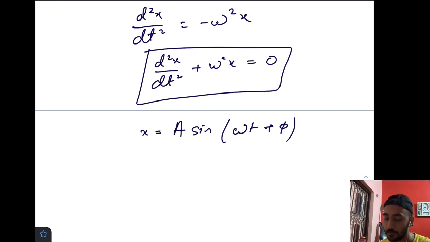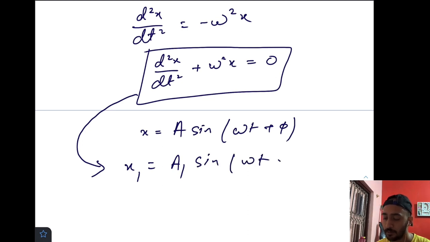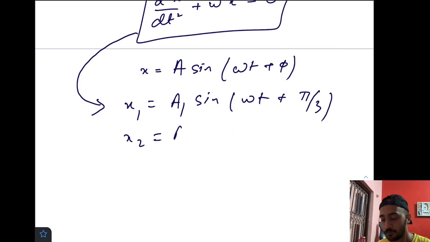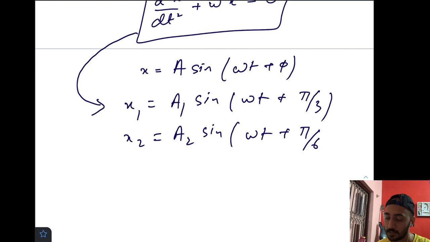For example, for this differential equation, let x1 be a solution. Let that solution be a1 sine omega t plus pi by 3. Even x2 can also be a solution, a2 sine omega t plus pi by 6.